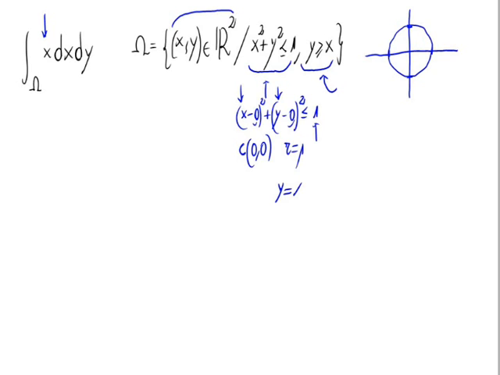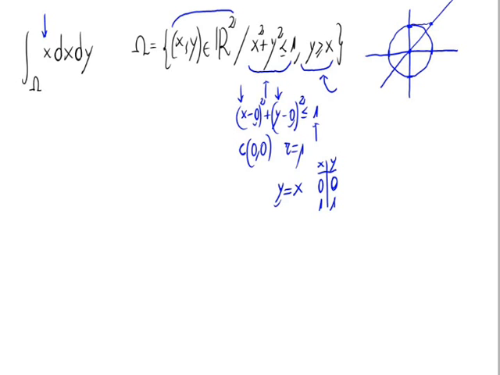And now let's have a look at y bigger or equal to x. As we know, an expression of the type y equal x is just a straight line, because our value for x is the same value for y. So this would be our straight line on the graph up here.